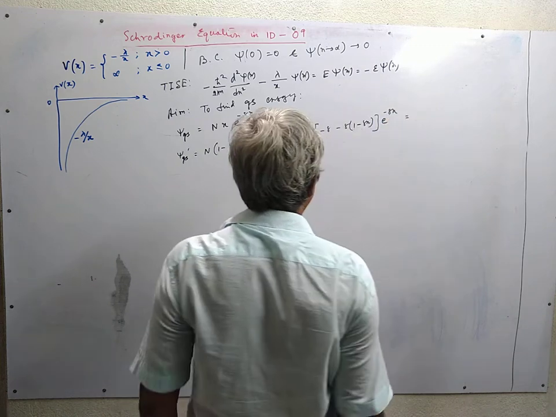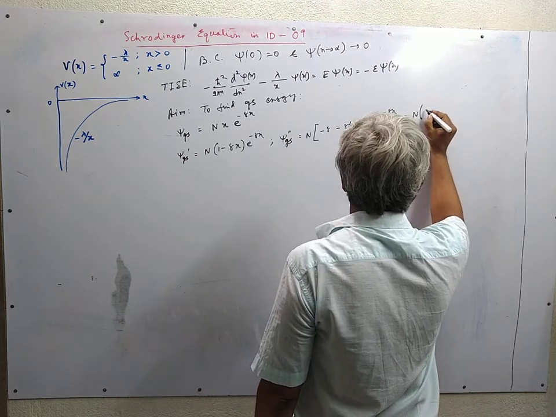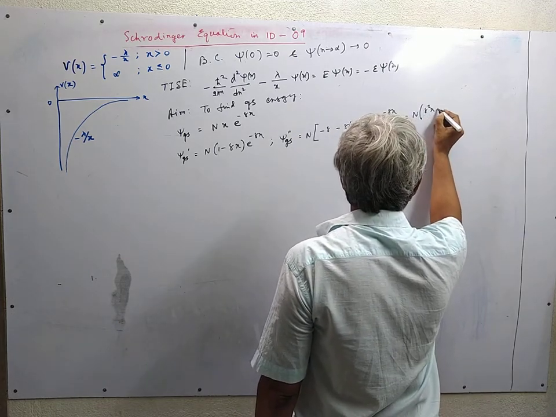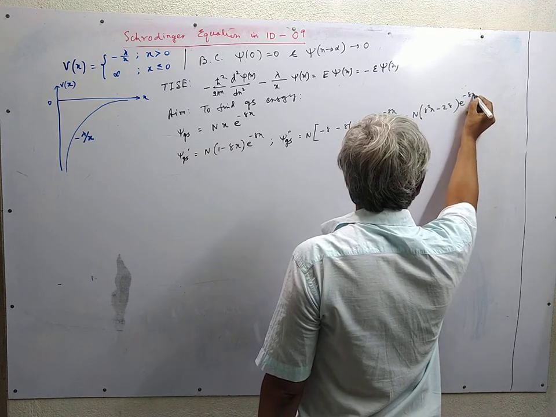On simplification, this gives you gamma square x minus 2 gamma, times e to the power minus gamma x.